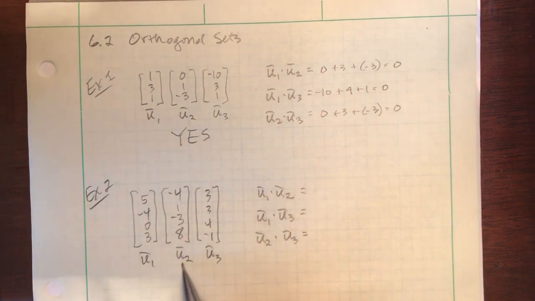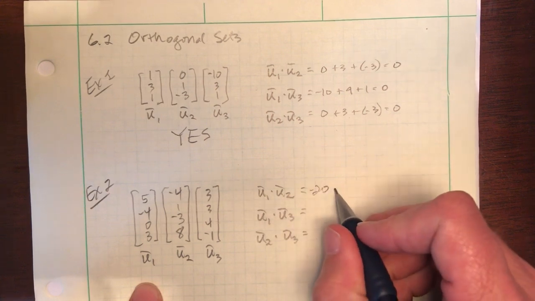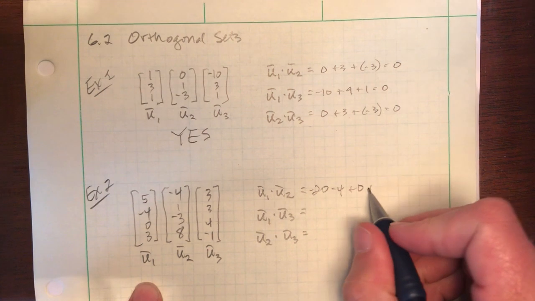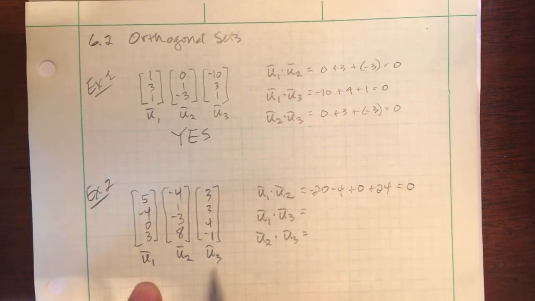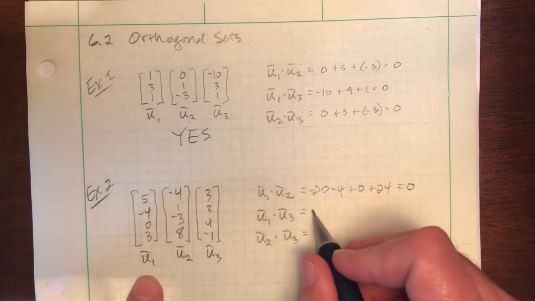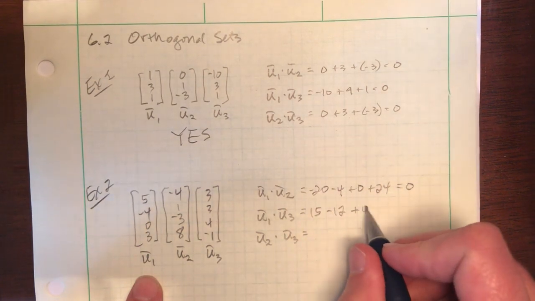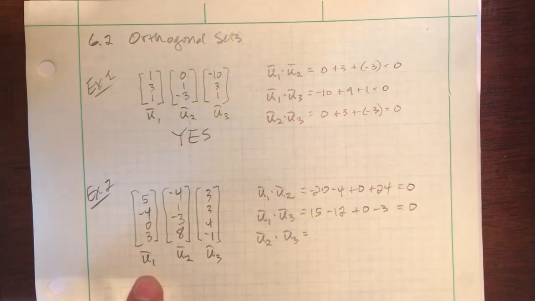So here we go, u1 to u2. So negative 20, minus 4, plus 0, plus 24. So far, so good. u1 to u3, we've got 15, minus 12, 0, negative 3. We're on a roll.